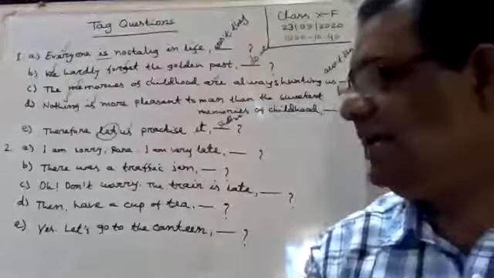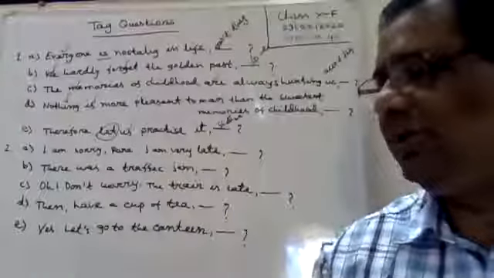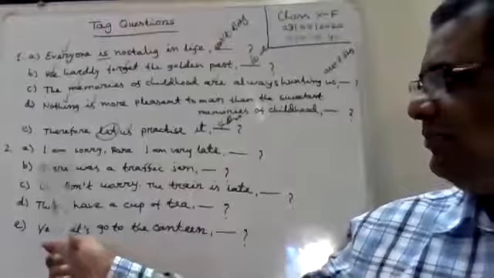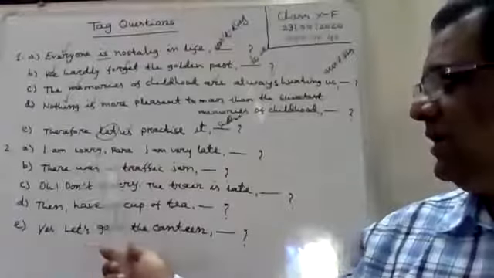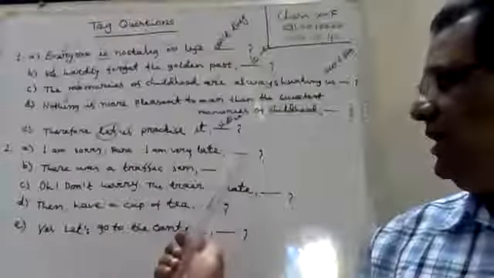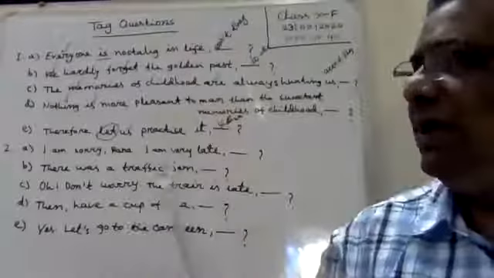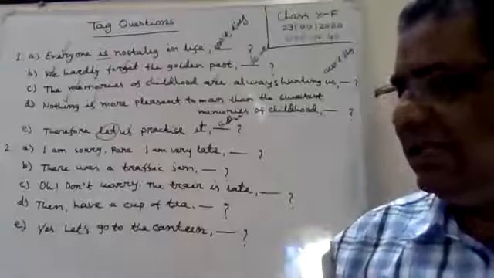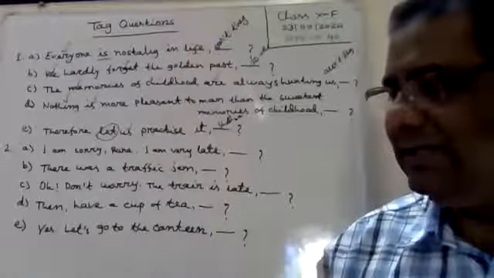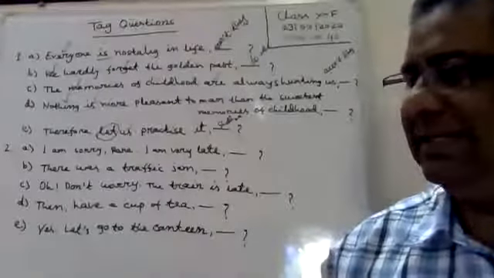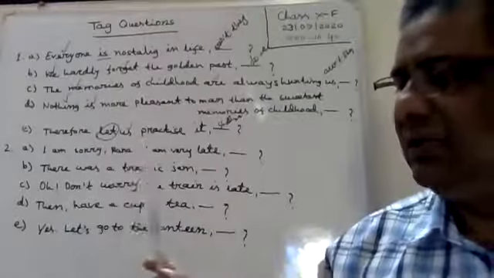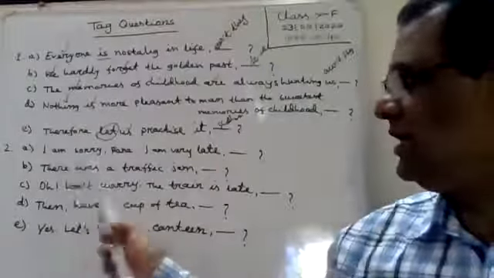Sorry, Rana, like that. So what will be this type of? If we have in the question pattern, number A, I am sorry, comma, Rana, I am very late. So while you will get this type of 2 sentences, in that case, the blanks you will have in that sentence, you have to consider that sentence to write down the tag question, not the earlier sentence.